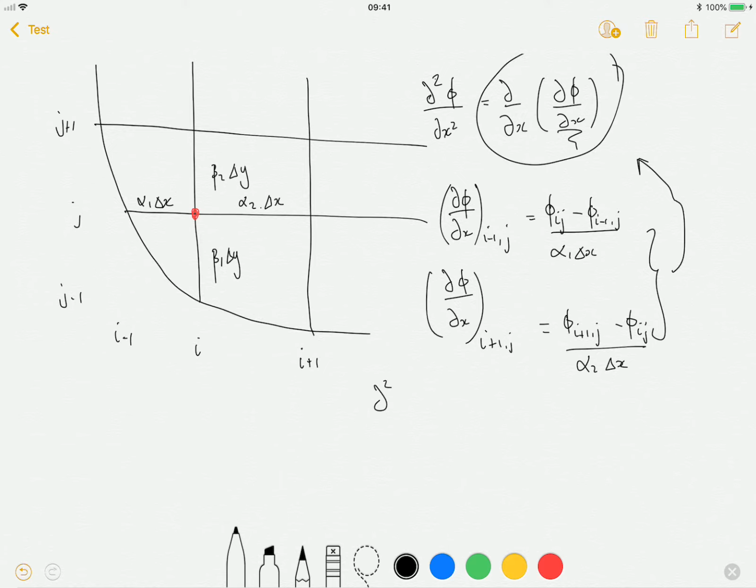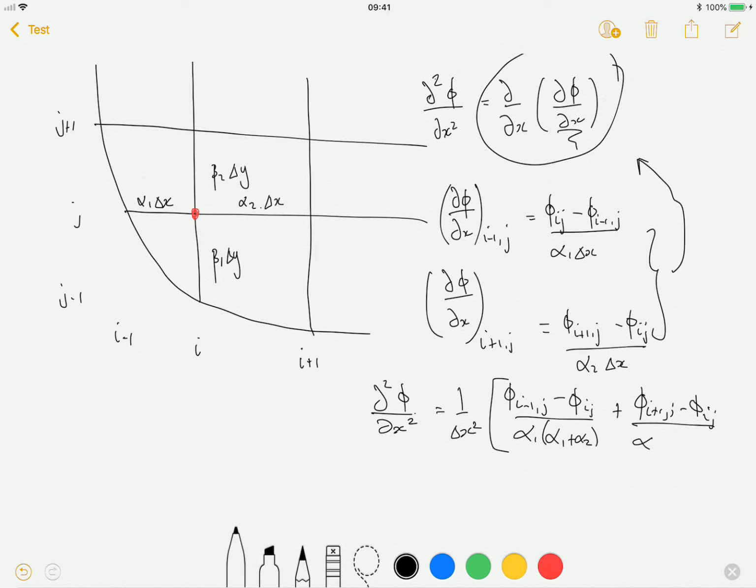So d squared phi by dx squared is equal to 1 over delta x squared multiplied by phi i minus 1 j minus phi ij over alpha 1 times alpha 1 plus alpha 2, and we have the addition of phi i plus 1 comma j minus phi ij divided by alpha 2 times alpha 1 plus alpha 2.